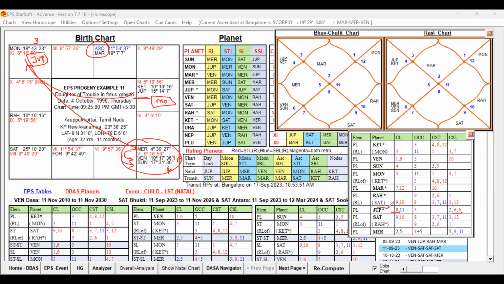So this is indicating 6 and 8, 8th lord. It is not good for the 7th house matters. In addition, the 6th and 8th houses are also not good for the 5th house matters, because the 6th house is the 2nd house to the 5th house and the 8th house is the 4th house to the 5th house.